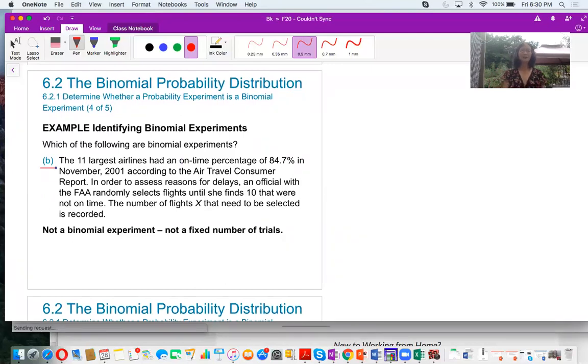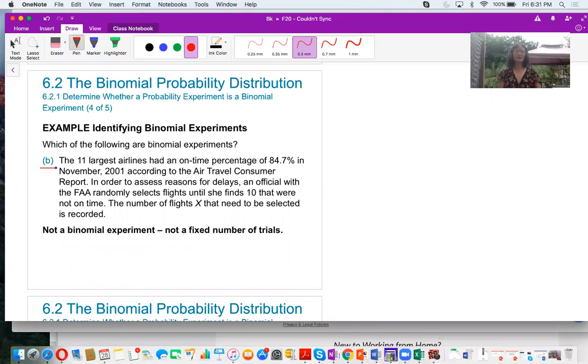Question B, the 11 largest airlines had an on-time percentage of 84.7% in November 2001, according to the Air Travel Consumer Report. In order to assess reasons for delays, an official with the FAA randomly selects flights until she found 10 that were not on time.